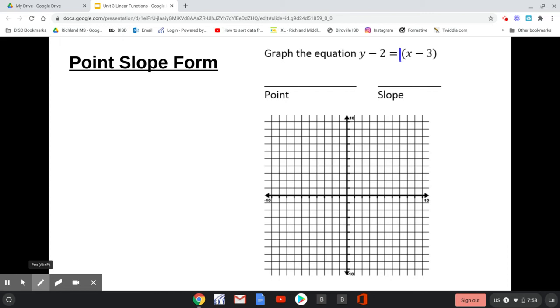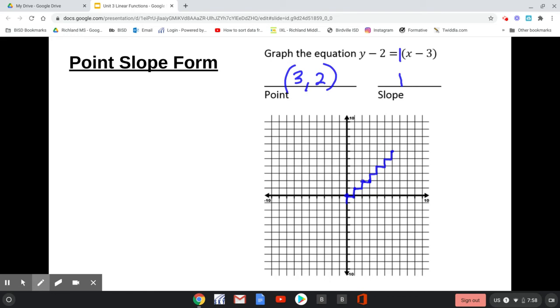So we can see that the slope would be 1 because they just don't write it if it's a 1. This is a poor example, but we'll just go with it. We can see that the point x is 3 and y is 2. And if we go to 3, up 2, and we go up 1 over 1, up 1 over 1, it looks like this is going to be proportional. Well, no, yeah, proportional. It's going to go through the origin.